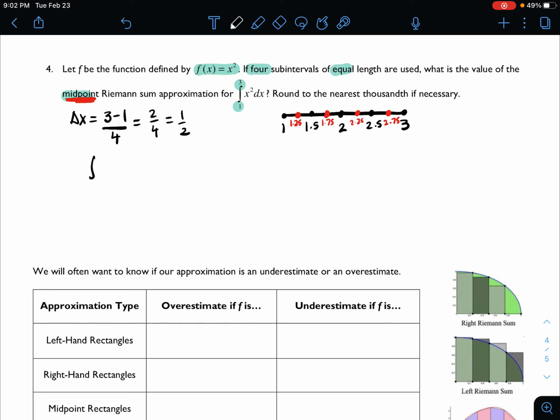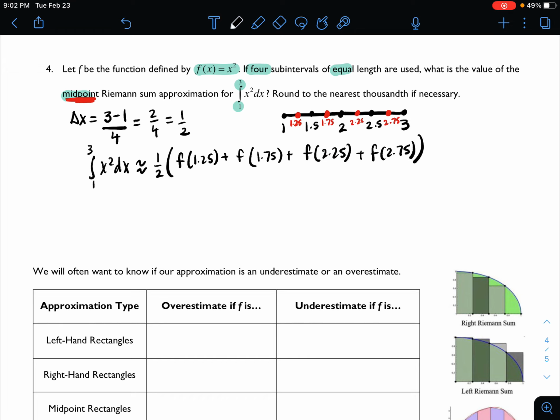So for my integral, I can factor out my 1/2. I know I'm going to have to do f of 1.25 for my first height, f of 1.75, plus f of 2.25, plus f of 2.75. And so I just have to figure out what those y values actually are now. And so what I can do is plug it into my f of x, which is x squared.